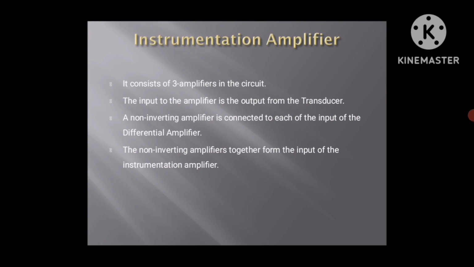The instrumentation amplifier is mainly used to increase very low amplitude signals, because the transducer gives very low microvolt signals at the output. So that signal is amplified using this instrumentation amplifier. Mainly it is used for medical applications.